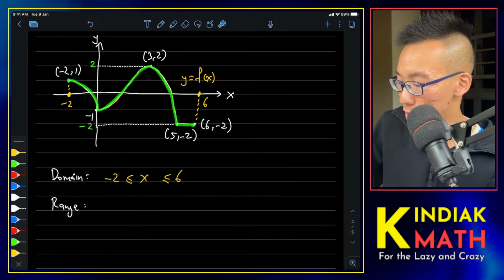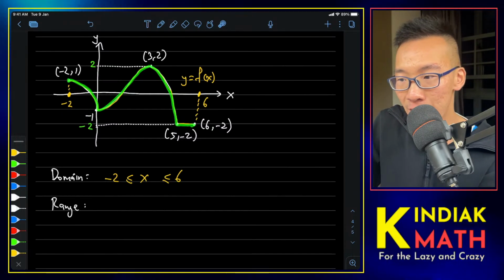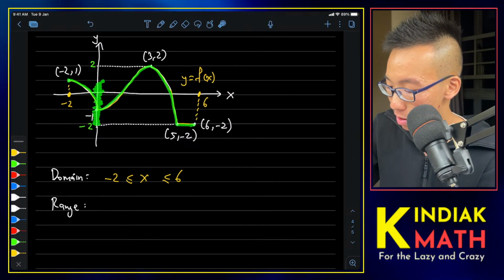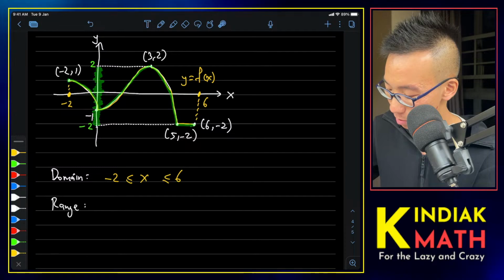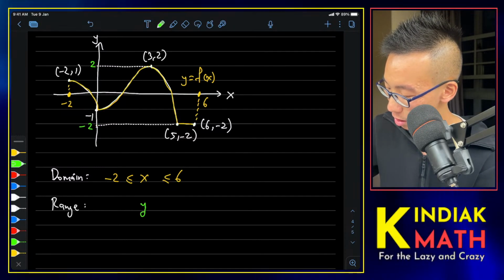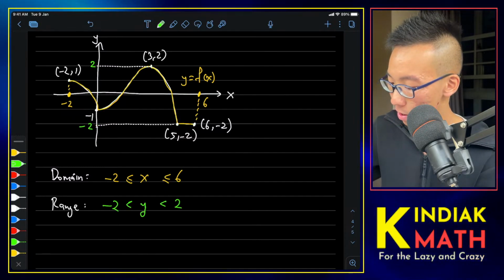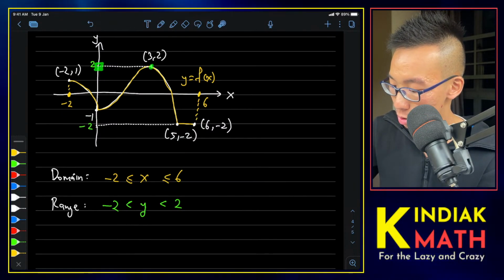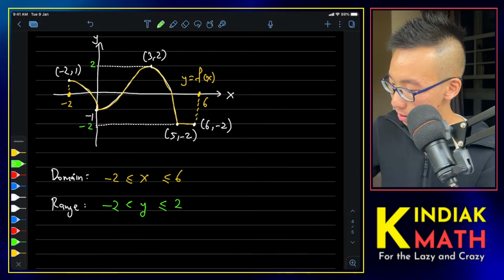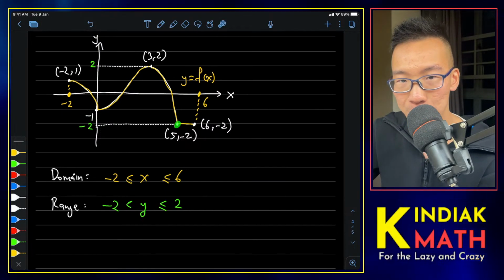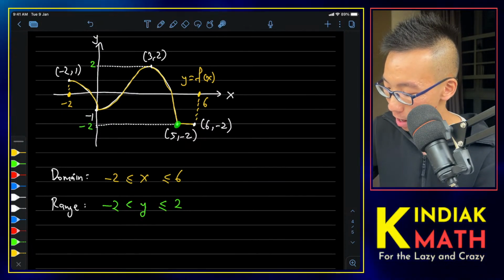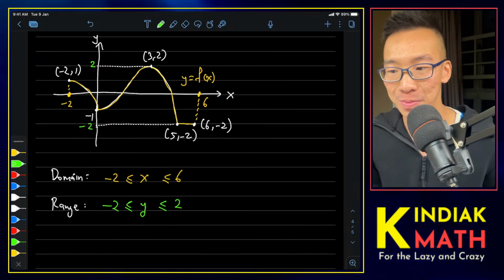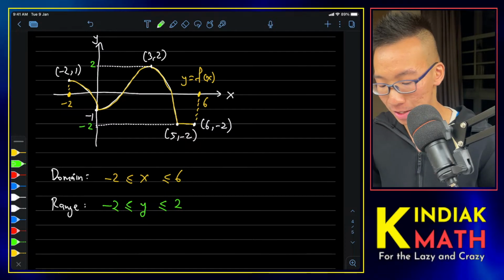In other words, if you were to look at the corresponding values on the y-axis, you're going to get all the numbers between -2 and 2. And of course, this point is included, therefore 2 is included. This point is included, therefore -2 is included as well. So that's the domain, and that's the range.